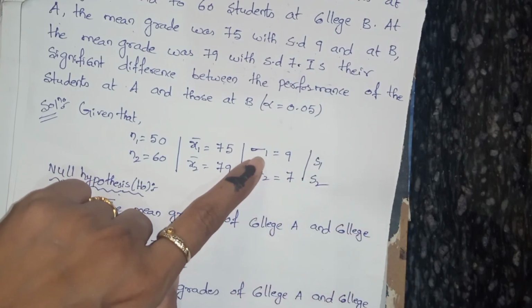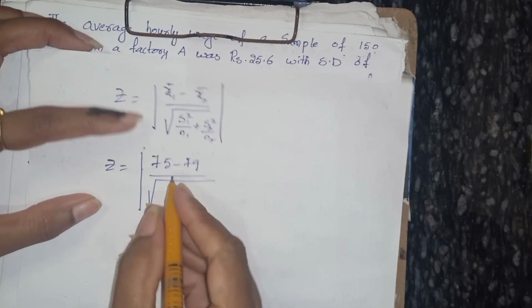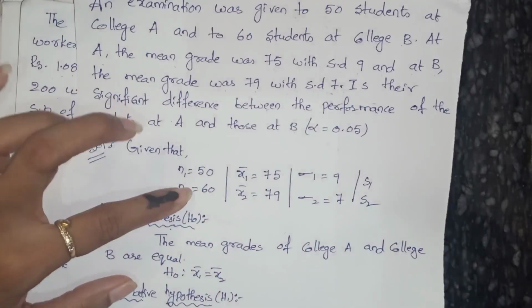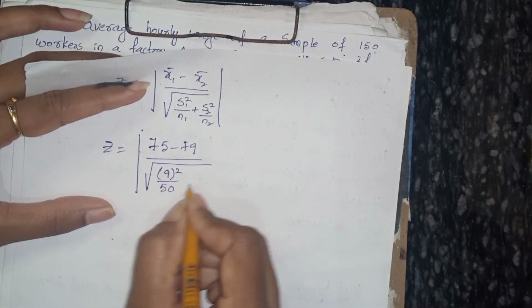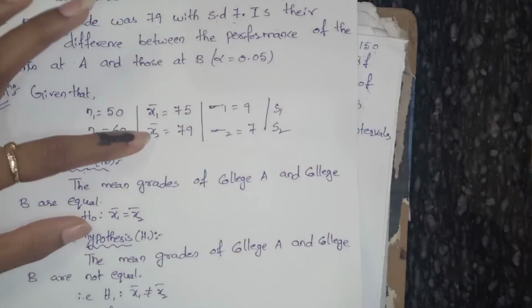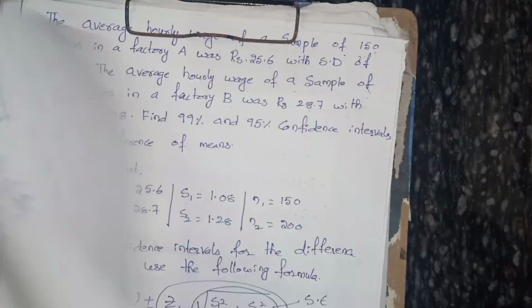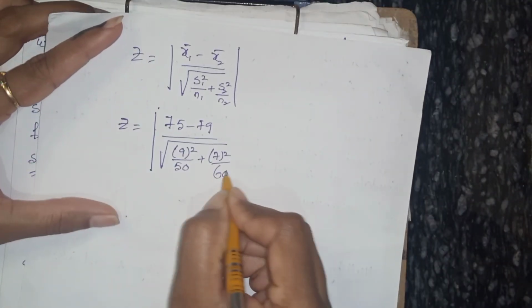So S1 is 9, 9 whole square by n1. n1 here is given as 50. Plus S2, which is 7, 7 whole square by n2, which is 60. Now we have to solve this.